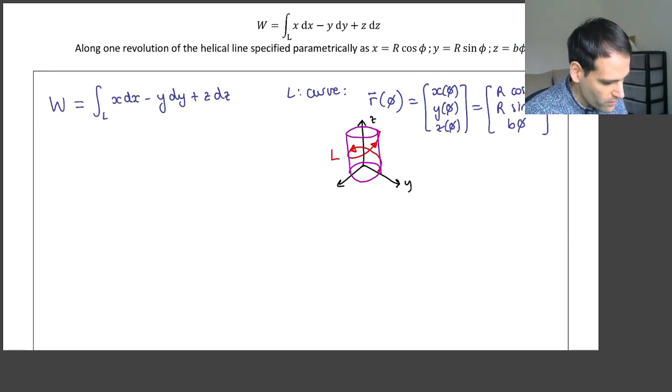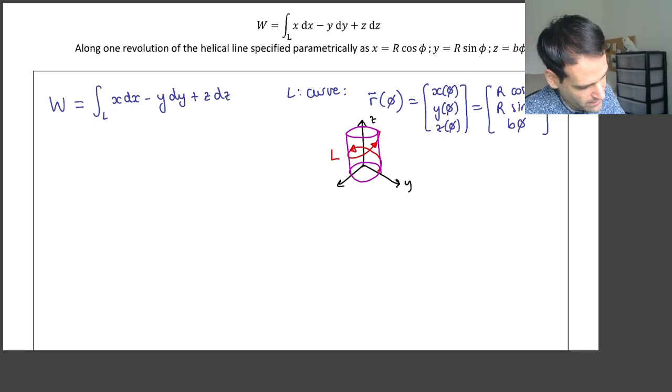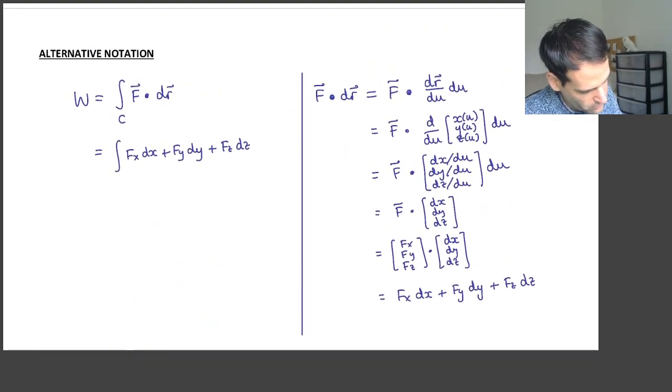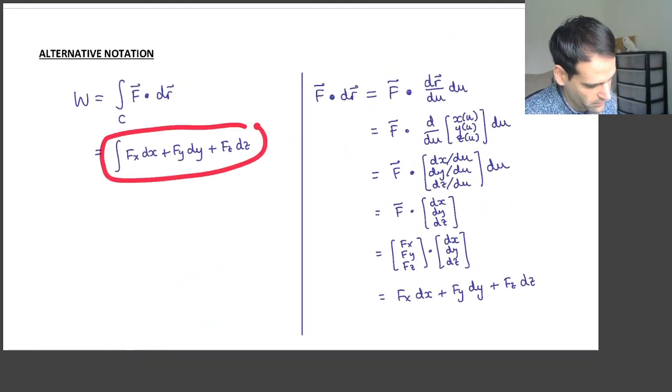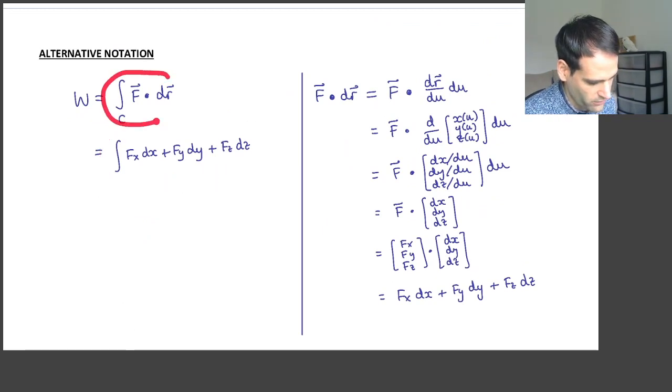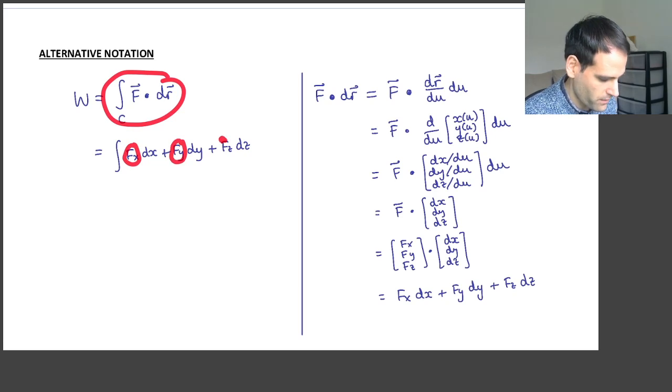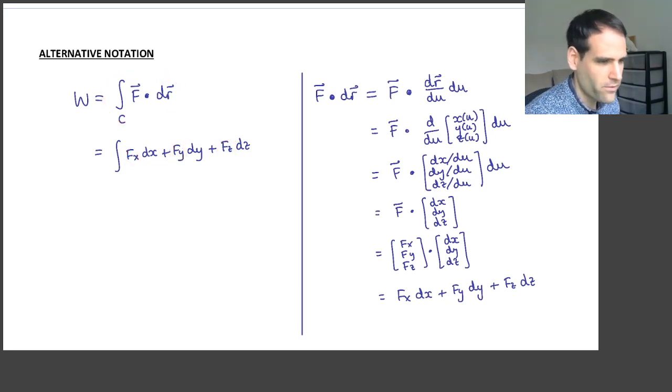Okay, so what does this mean? As I said in the previous video, don't be confused if you ever get asked a question in this format. It just means this. So this is the x component of f, this is the y component of f, and this is the z component of f. Okay?